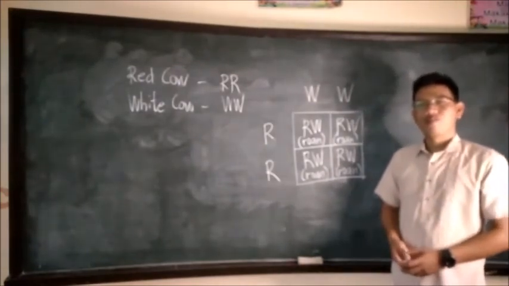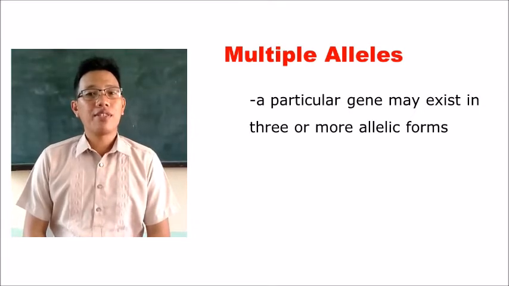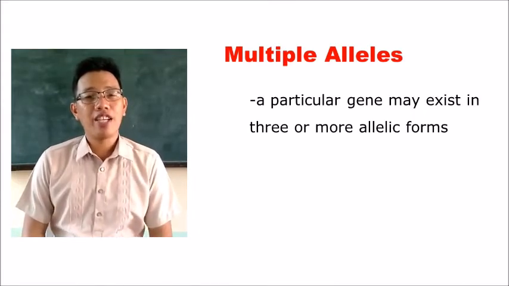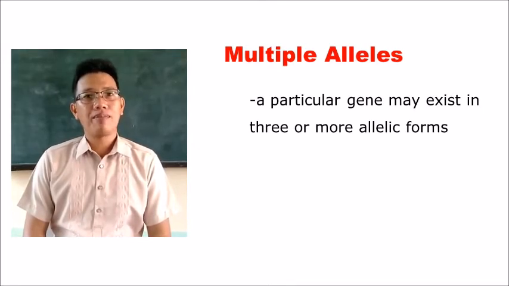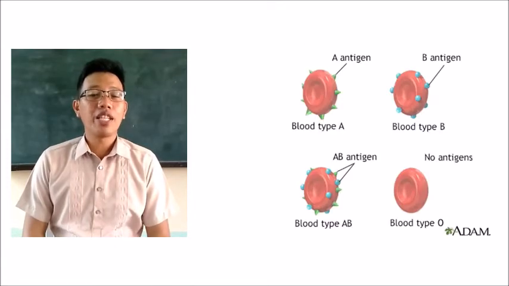The last non-Mendelian pattern of inheritance is multiple alleles. It happens when a particular gene exists in 3 or more allelic forms. We have blood types as an example, the ABO blood type system. Now, there are 2 antigens that determine the ABO blood type system.